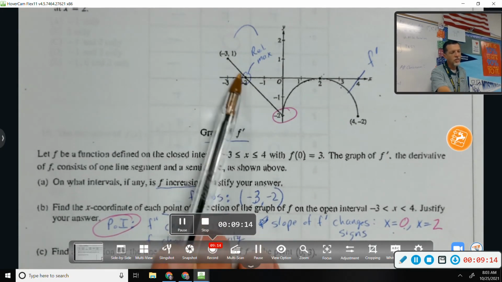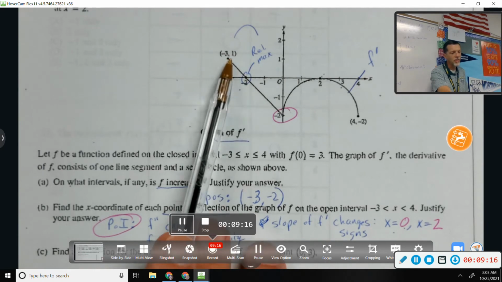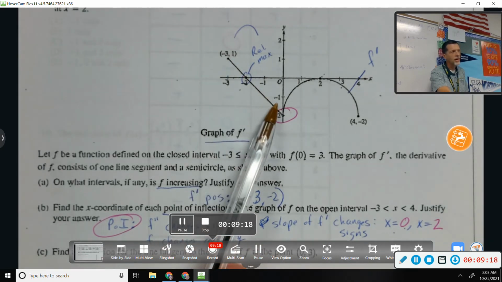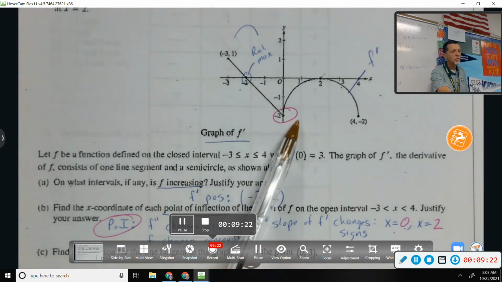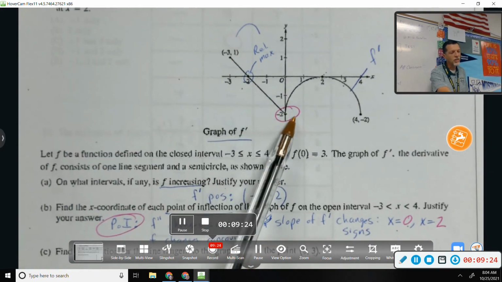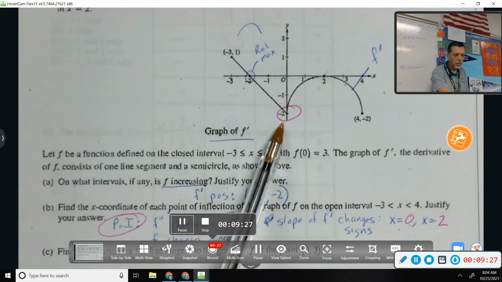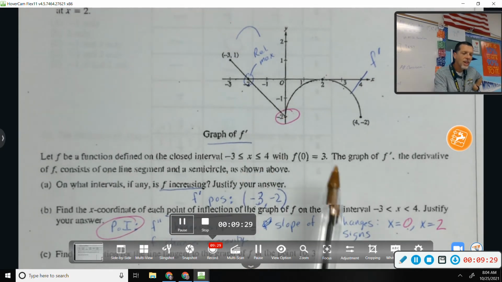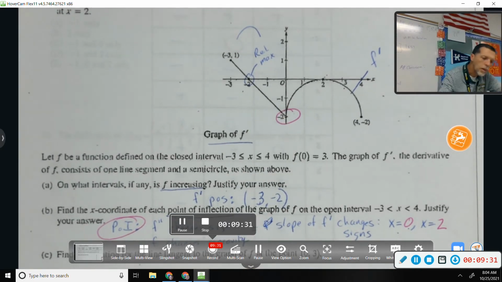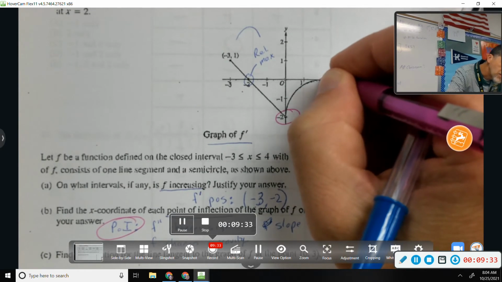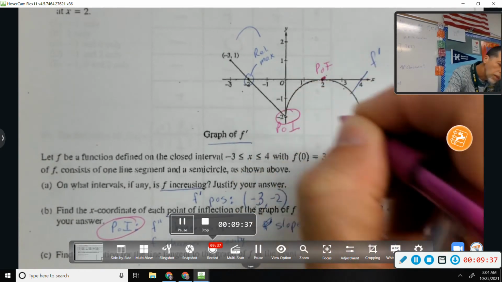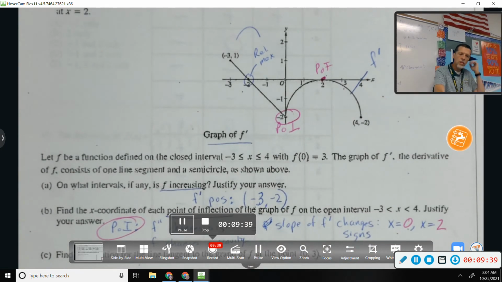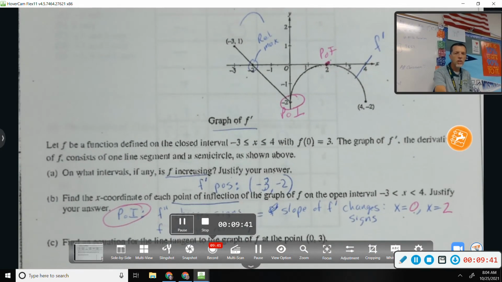So it's concave down all the way through. f is concave down all the way through there, because f prime is decreasing. But right here, f prime changes from decreasing to increasing. So f double prime changes signs. That means it's a point of inflection. The slope of f prime changes.